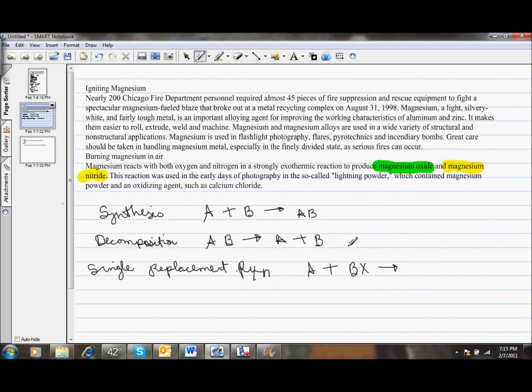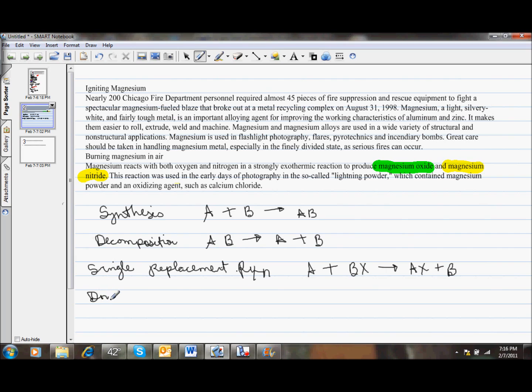And A, if it is more reactive than B, will replace it in the reaction, and we'll end up with compound AX, and element B will be by itself. Again, please make sure that you look into your notes for examples. I'm not going to go into actual examples, especially since this is a quiz.